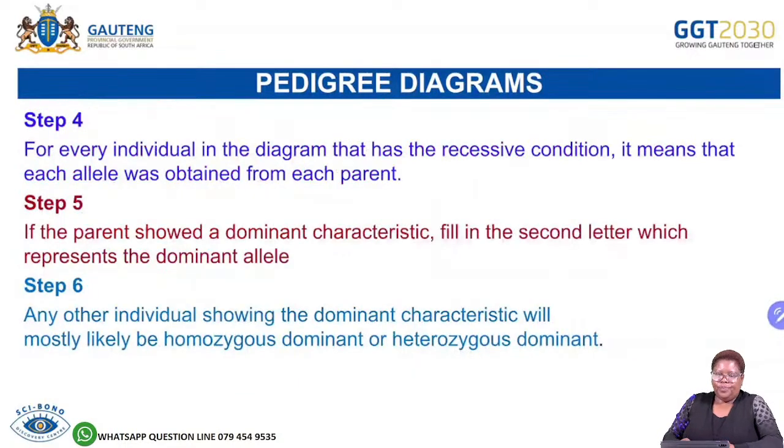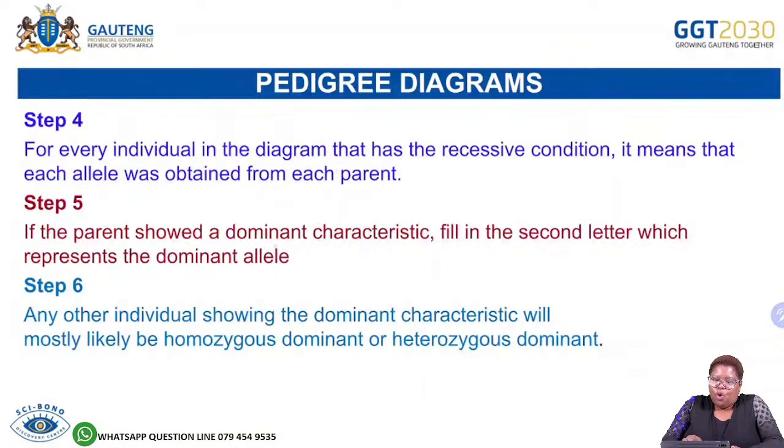Step 4. For every individual in the diagram that has recessive condition, it means that each allele was obtained from each parent. Remember the characteristics that you have. You obtain some of them from the father, some of them from the mother.